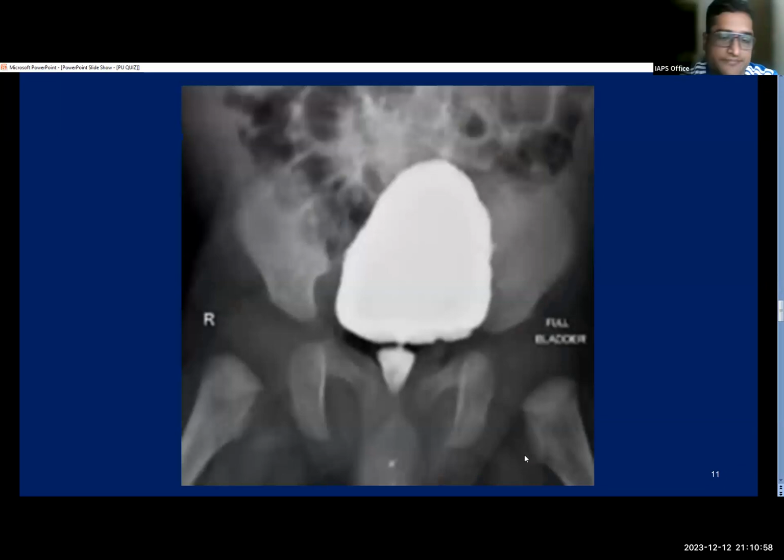Identify the sign. So, dilated posterior urethra. It's a female patient. The diagnosis is straight away there. What is below? So it's a vaginal voiding.